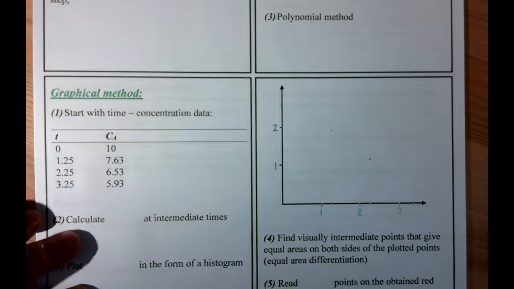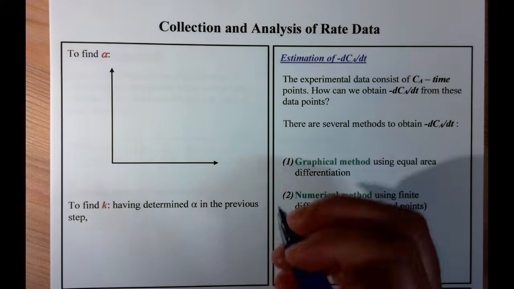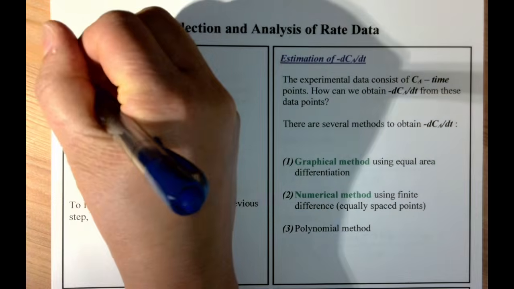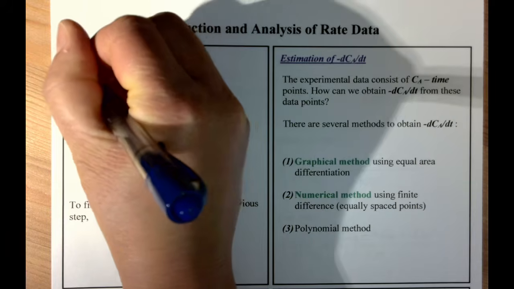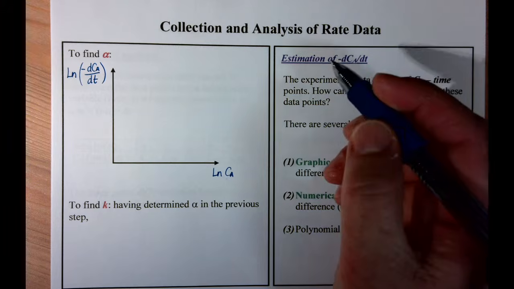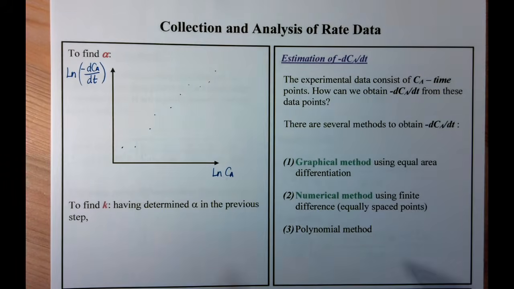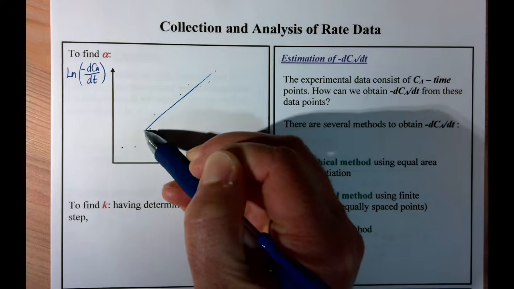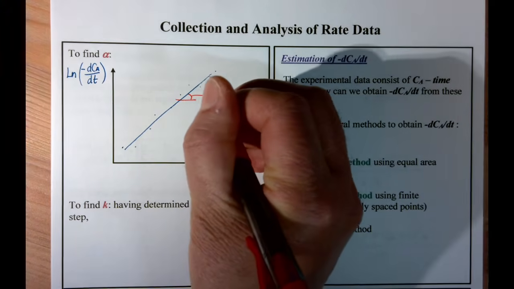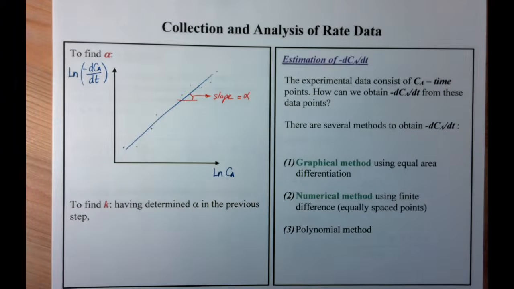So to find alpha, we would represent natural log of CA on the x-axis, natural log of minus dCA/dt on the y-axis, and from our experimental data we would have some points, and by doing linear regression we would find the slope of this line, which would be equal to alpha.